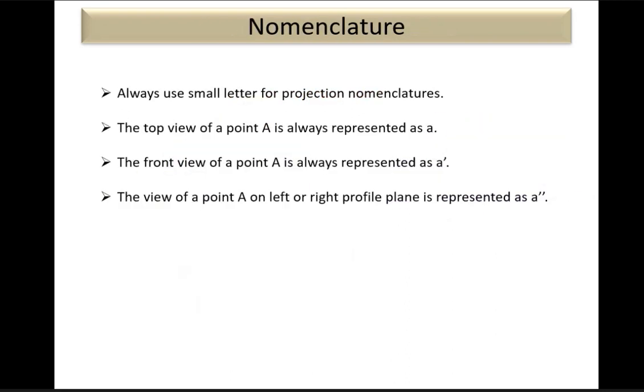First you will see these are some of the nomenclatures which we have already defined. Okay, so always use small letters for projection nomenclature. The top view of point A is always represented as a. The front view of point A is always represented as a dash.